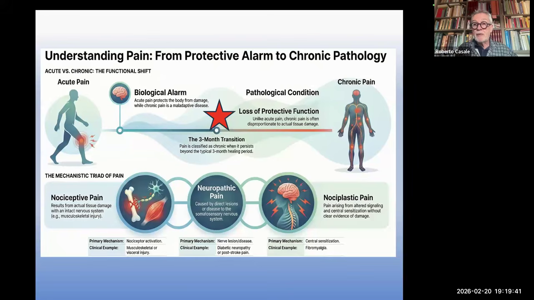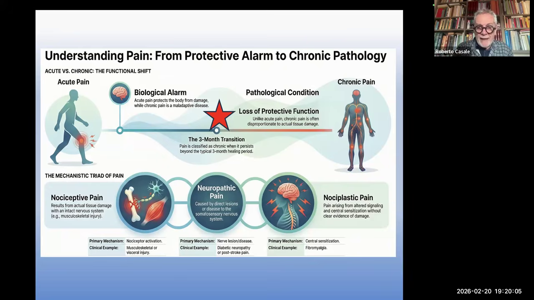So we have 1 month of pain, 15 days of remission, and then 1 day, 1 month, or 1 year of relapsing. So please consider 3 months just a reference point, but not something fundamental.